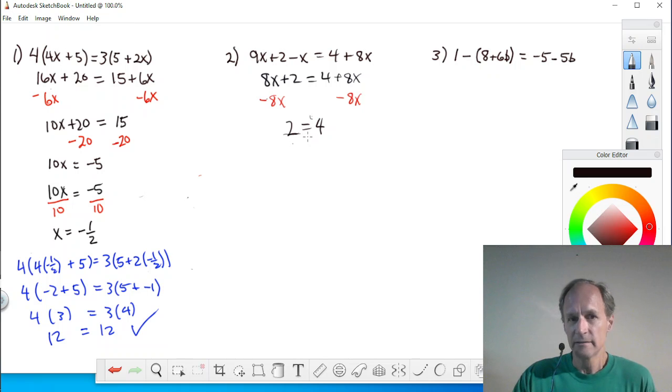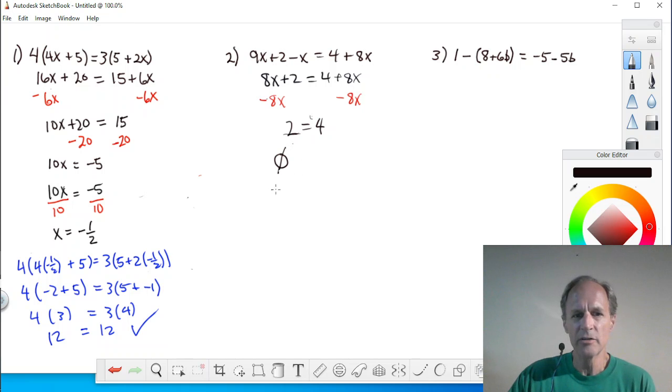Okay, and not to beat a dead horse, but this is an important concept. The solution set is the same for all of them. The solution set for the final one is the empty set. That means the solution set for the first one is too. So that's our answer, and you can write that this way. That means the empty set.